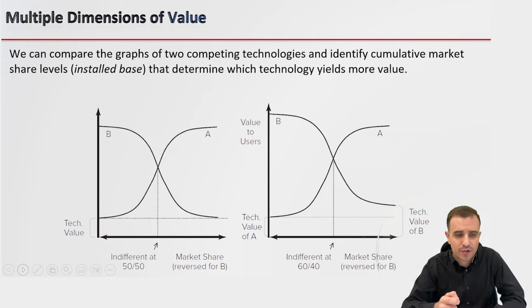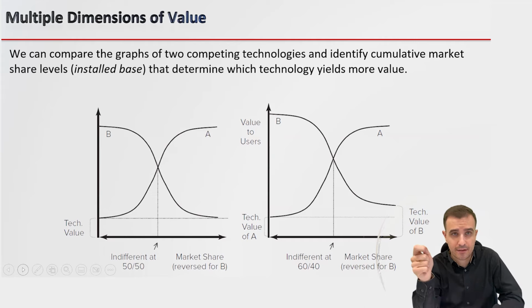What we learn here is that there is an indifference point, 50% versus 50% of market share, meaning that when the two technologies, A and B, each own 50% of the market share, there is an indifference. Users are not encouraged to adopt either of them.